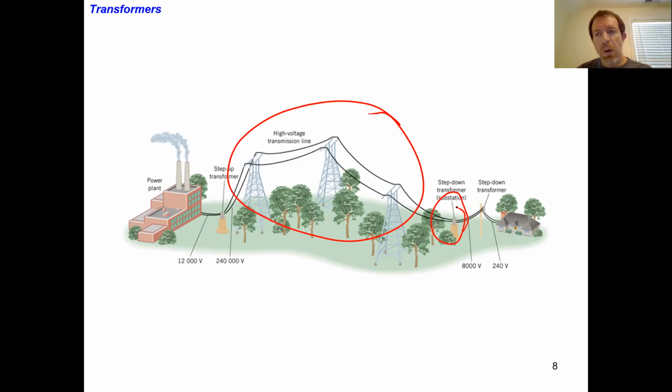And if you go outside and look up at the power pole near your house, you might see a little box up there too, and there's a step-down transformer right there that steps down the voltage to 240 volts that then might get stepped down inside your house as well to 120 volts. So there's some of our appliances that require 240, some of them require 120, but there's additional transformers in our houses as well. All right, I think that hits the heart of what I wanted to talk about.